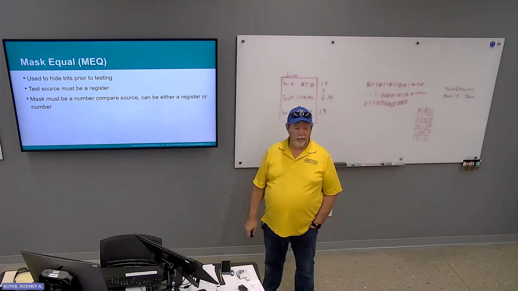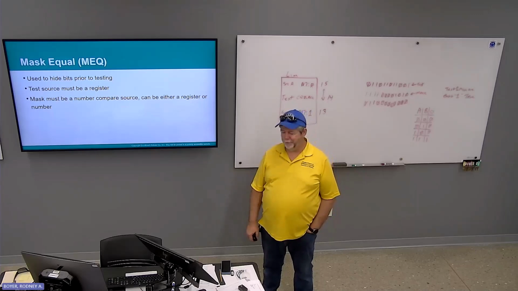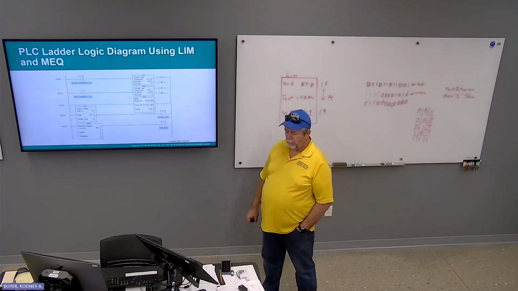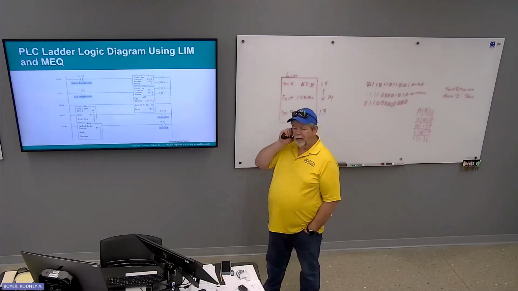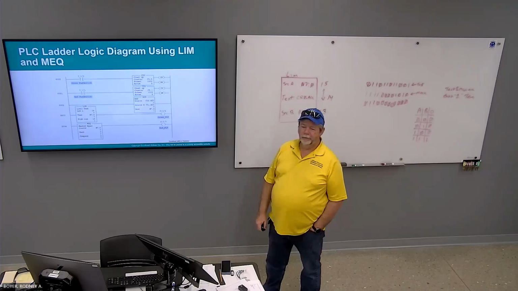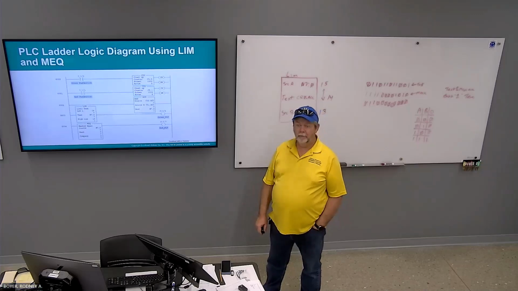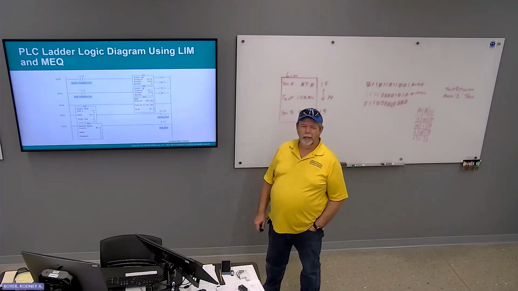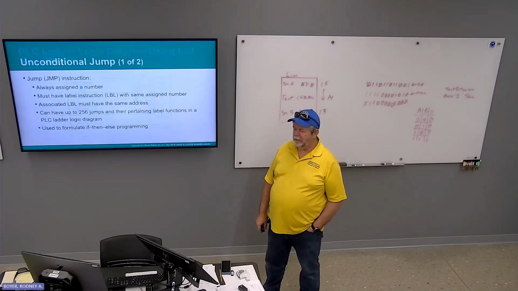In 30 plus years I've never used it, not even once. PLC ladder logic diagram using limit and mask equal. Kind of commit it to your brain camera and move on with life.